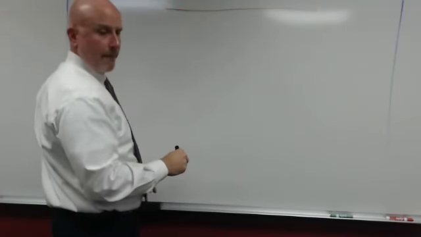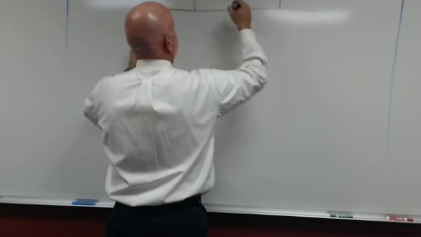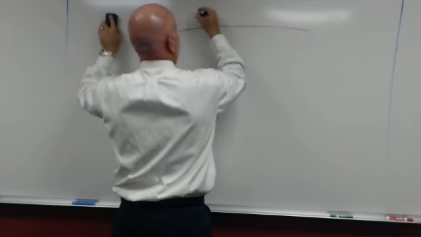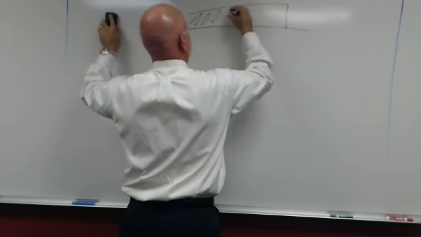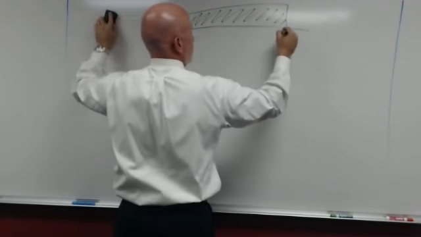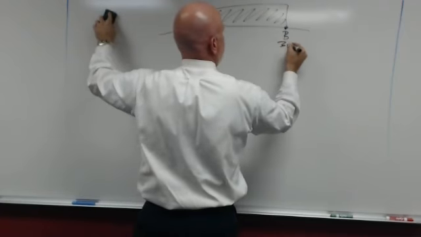Now we good? That's good. All right, so point A we said was 0. Point B is 30.